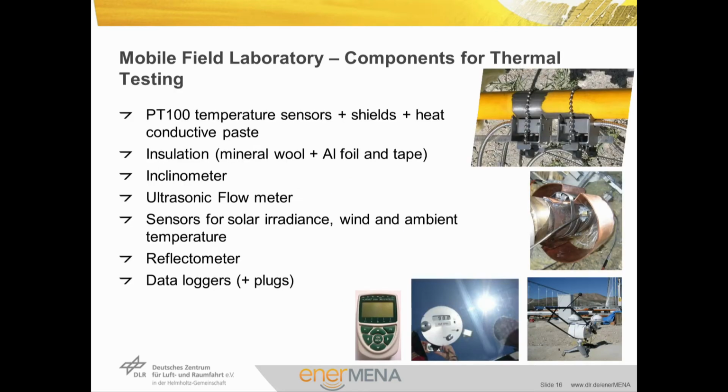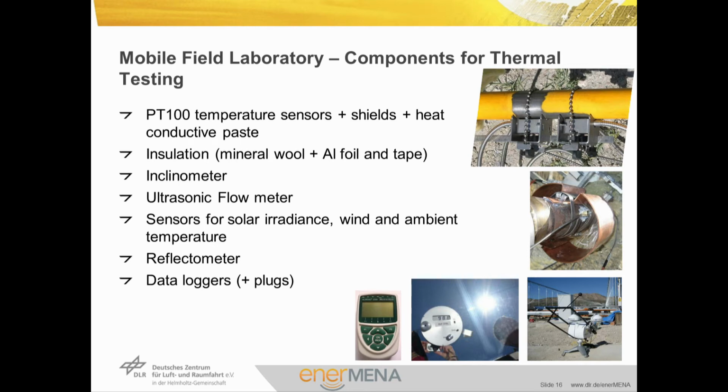As for the mobile field laboratory, the choice of the measurement equipment according to the previously discussed criteria has led to the following components. PT100 temperature sensors with shields and heat-conductive paste to be enveloped in mineral wool and covered with aluminum foil and fixed with aluminum tape.